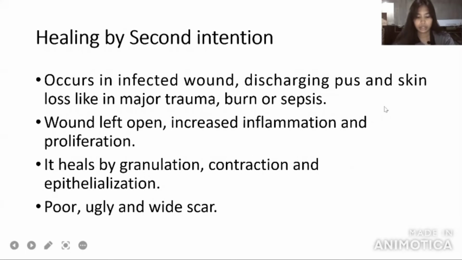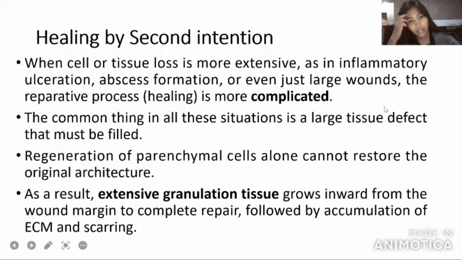Healing by second intention occurs whenever there is a wound with large defects. It heals by granulation, contraction, and epithelialization. When cell or tissue loss is more extensive, as in inflammatory ulceration, abscess formation, or even just a large wound, the reparative process is more complicated.